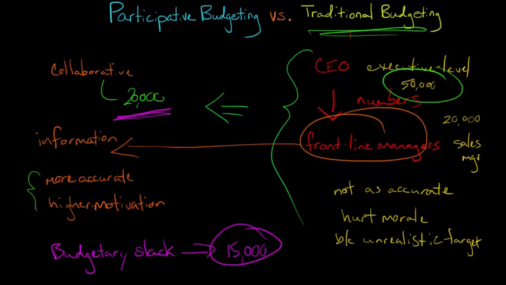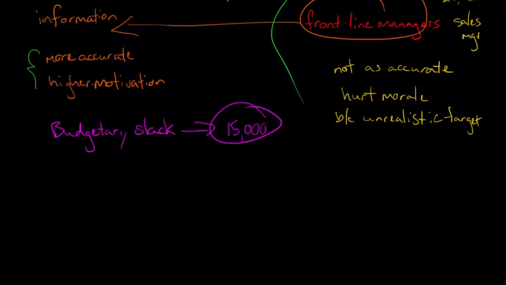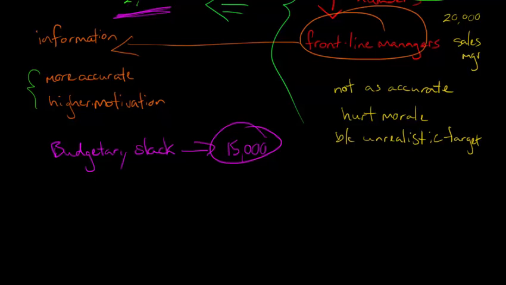Now, you might say, well, who cares, right? Why does this matter? What does it matter if they say 15 and they get 20? They got the 20 regardless, so we're better off, right? Well, here's the problem. When you introduce slack into the system, let's take this example a little further. Let's play it out. Let's say the actual amount that the sales manager thinks they're going to get is 20,000, right?